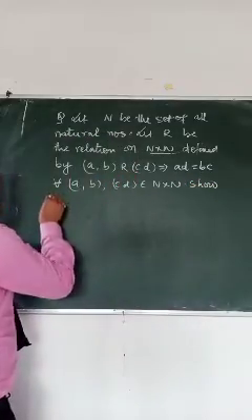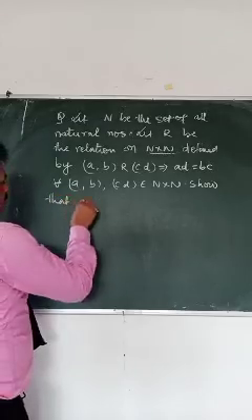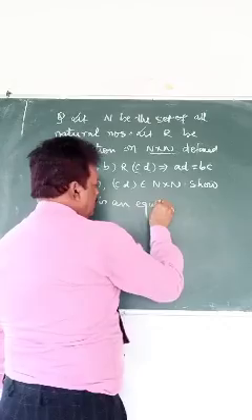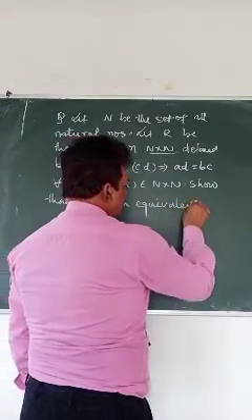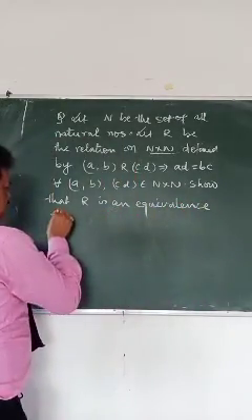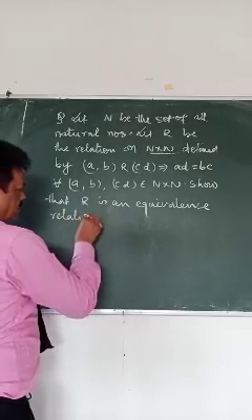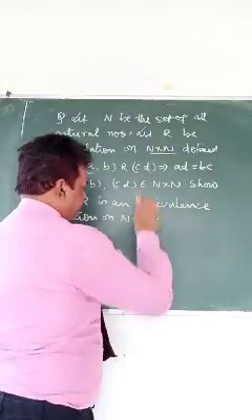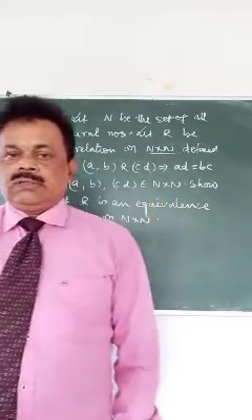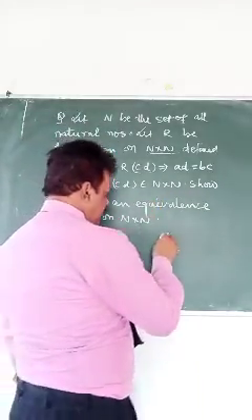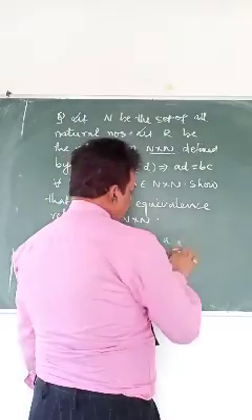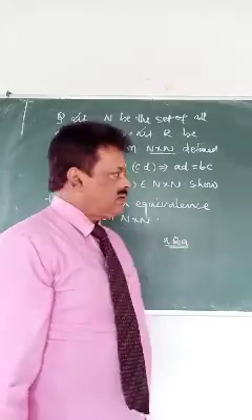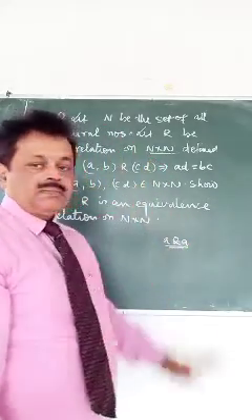So that R is an equivalence relation on N cross N. The thing is the same as what you are showing there. A relates A is reflexive when it was an element of the natural numbers.